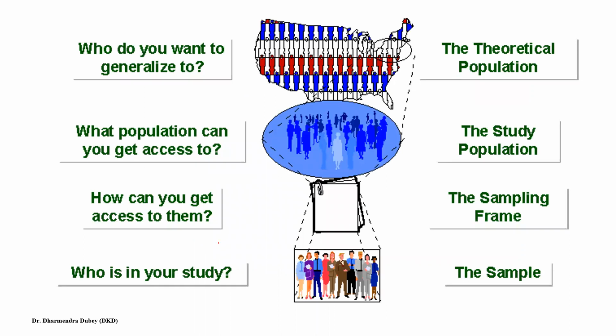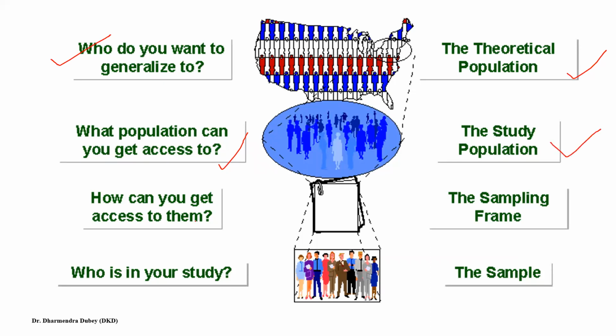Now, when we are going to begin the study, we have to ask some specific questions, like, who do you want to generalize to? The answer would be the theoretical population. What population can you get access to study? As we know, the study population.